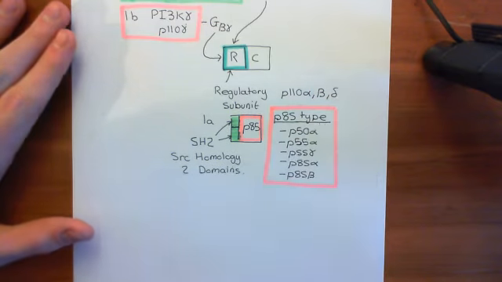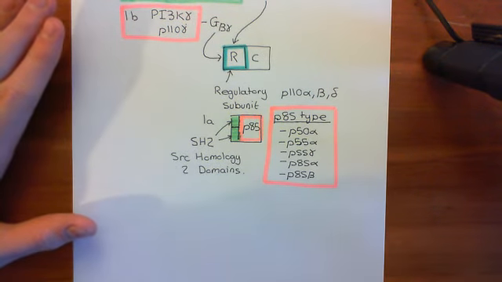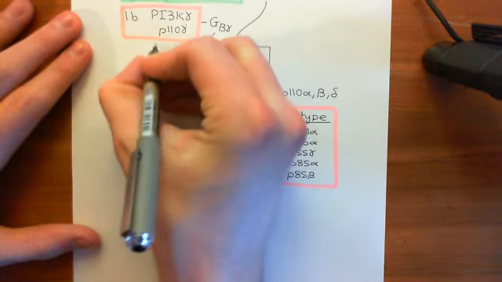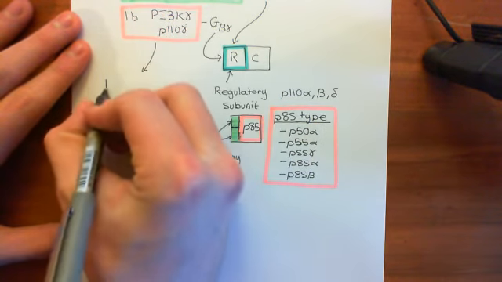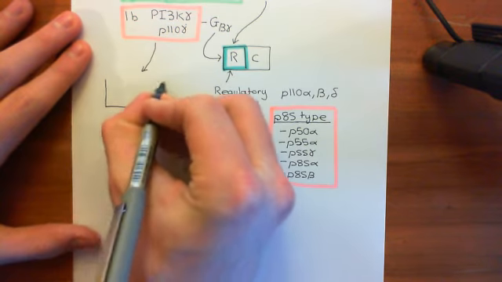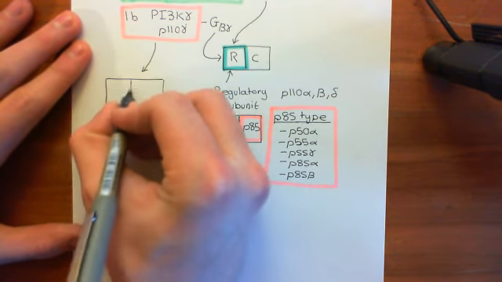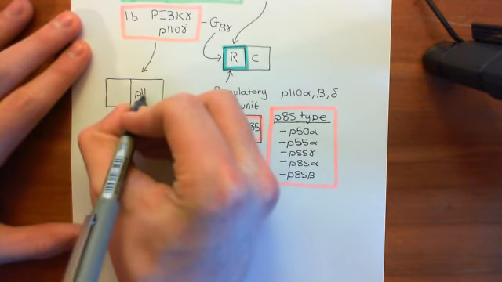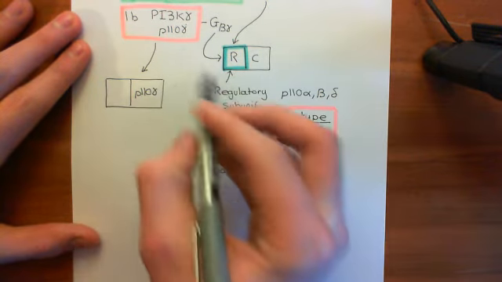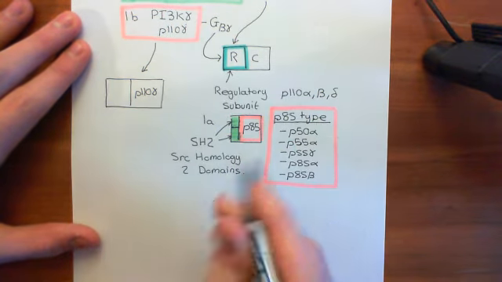Just for a complete story, I would just like to mention the type 1B regulatory subunits as well. So if you're a type 1B PI3 kinase enzyme, then your catalytic subunit, we know what it is, it's P110 gamma. Okay, and you are automatically a PI3 kinase gamma enzyme.